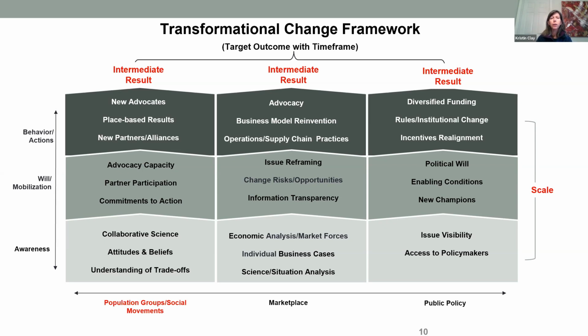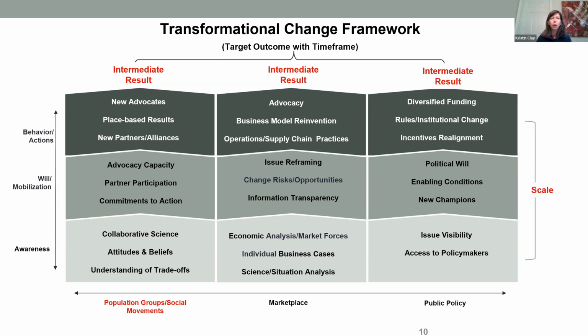The other really important piece is that within each of these boxes, we had for a while been saying these should be framed as results, not activities you would do to, say, raise awareness in a population group, but what is a result you would want to achieve. Folks working with it wanted something at the top of each column, even though the idea is that it's a system, not stovepiped.